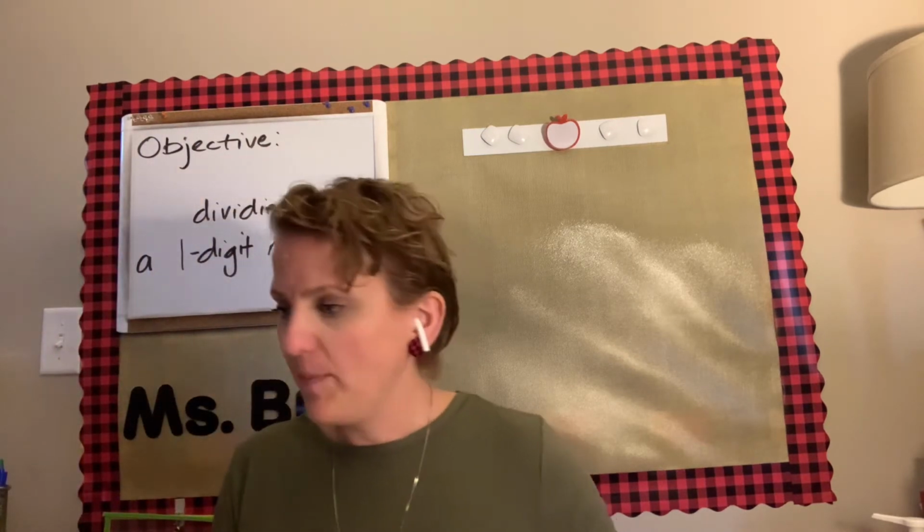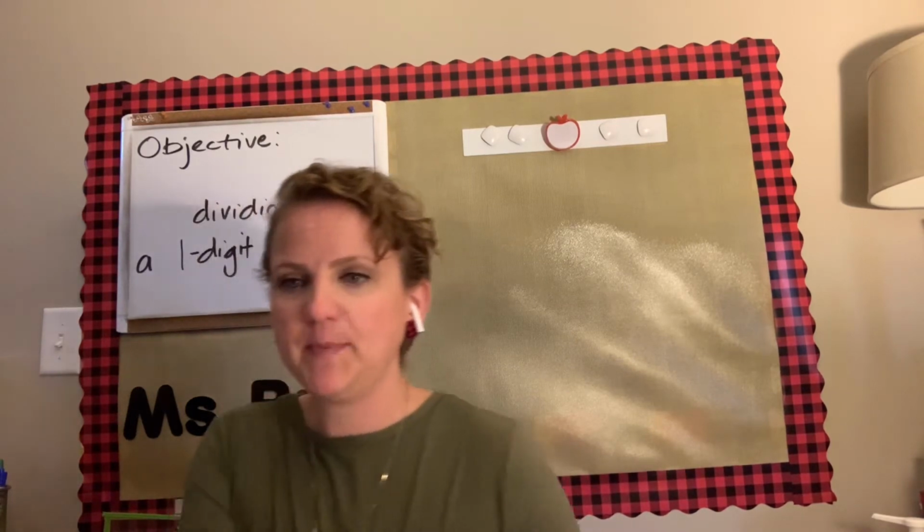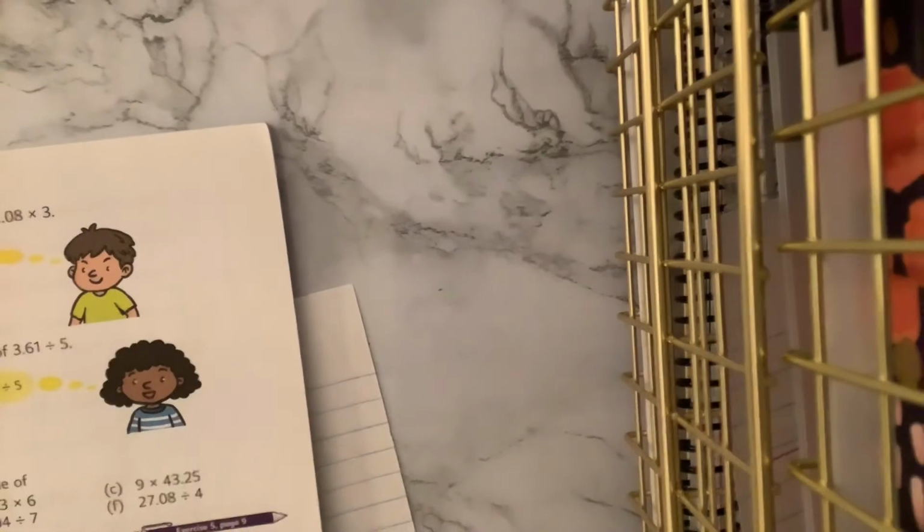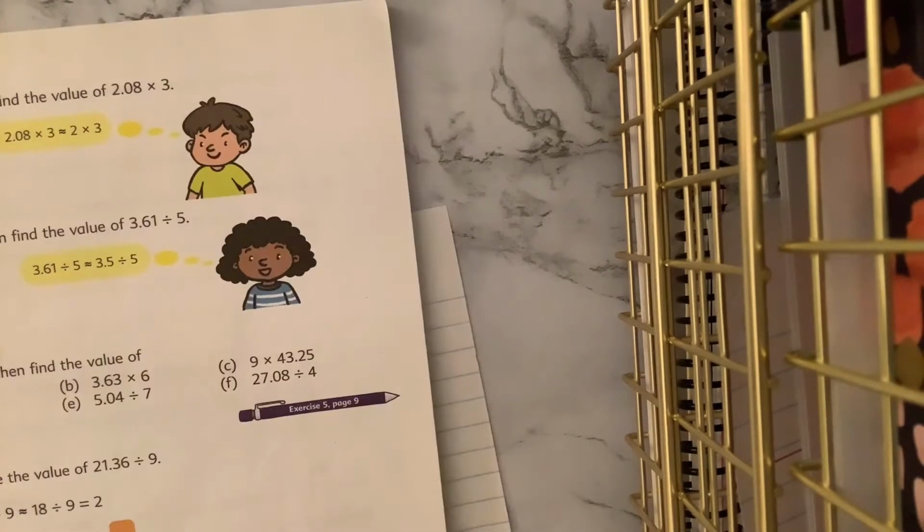So let's go ahead and open our textbooks to page 19. And we're going to get into our lesson for today while I flip you around. So as with before, we're going to continue to be estimating. Again, the purpose of this estimation as we're doing our division is to help us. Are we getting our decimal point in the right answer?